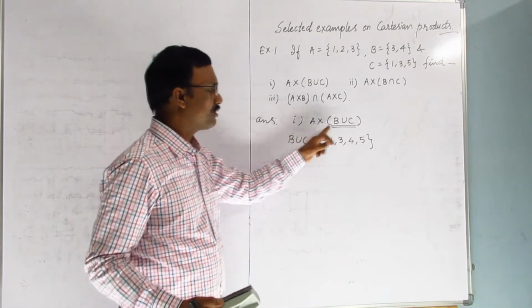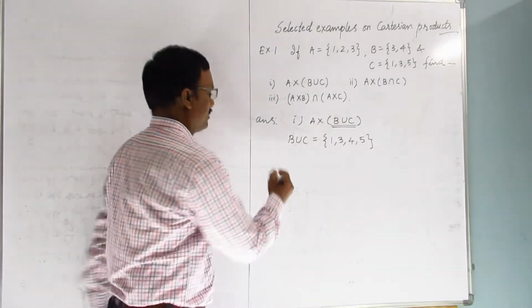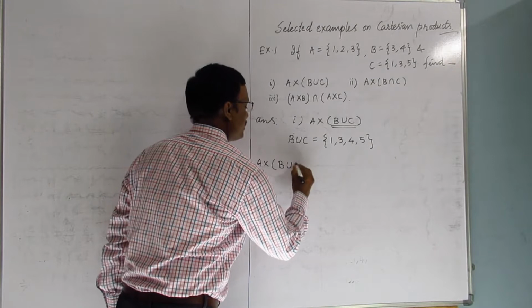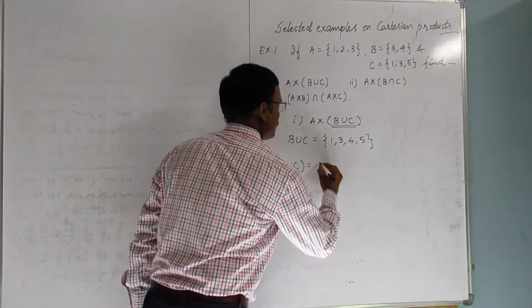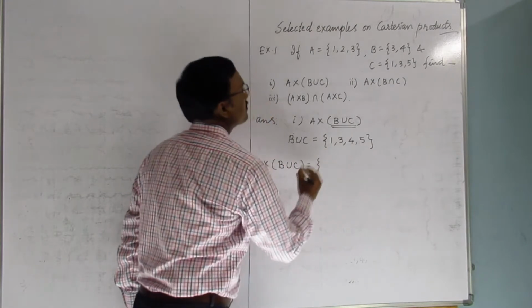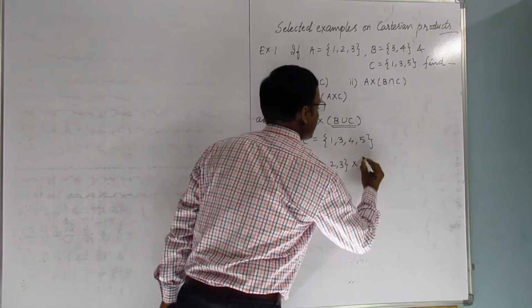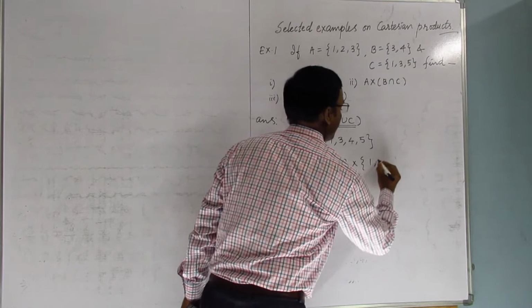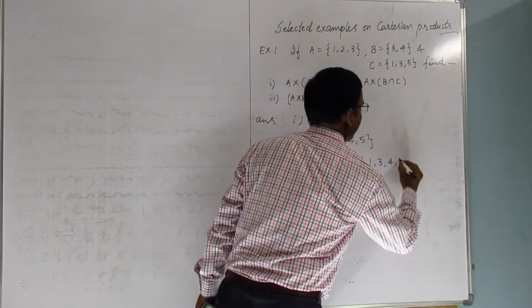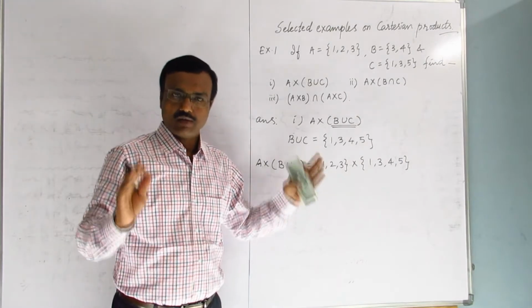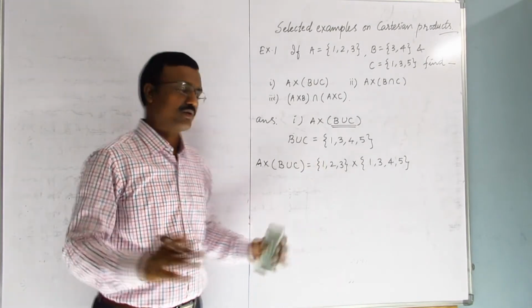Now to get A cross B union C mathematically: A is the set 1, 2, 3, cross means Cartesian product, 1, 3, 4, 5. So this is going to be our Cartesian product. Now the actual Cartesian product is like this.